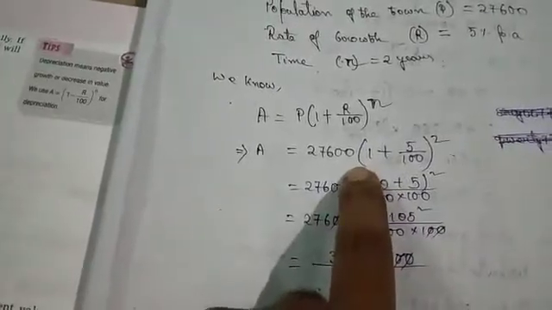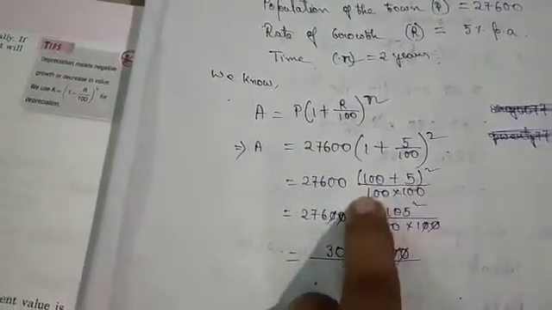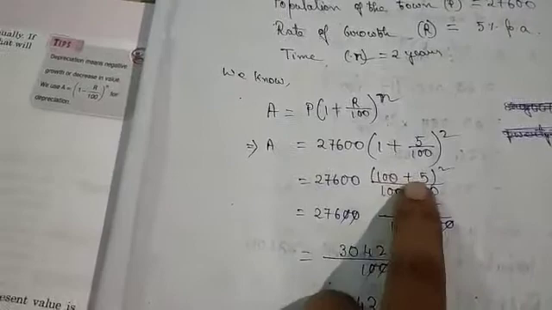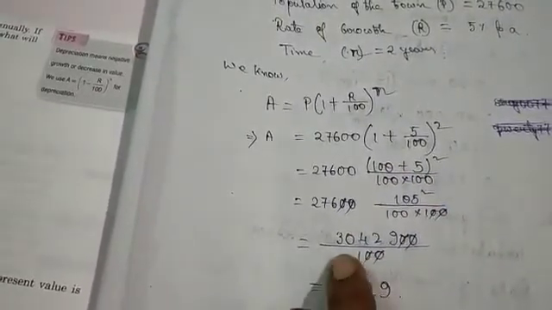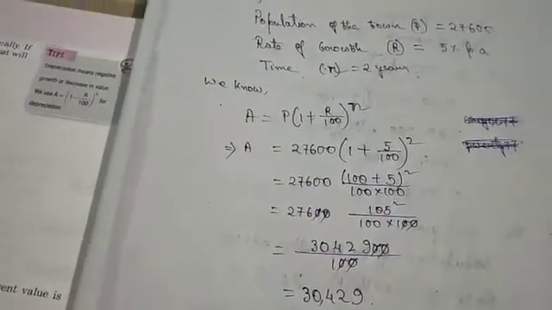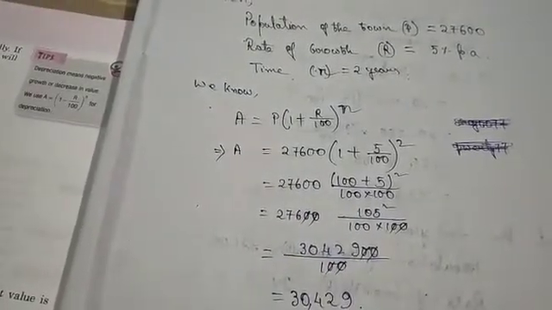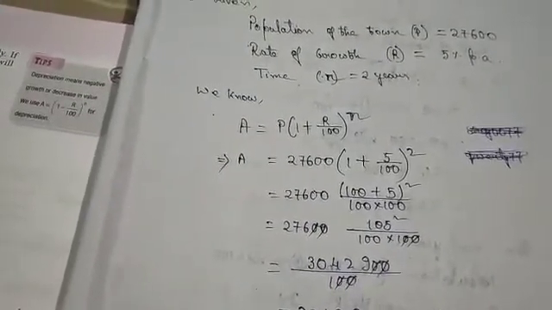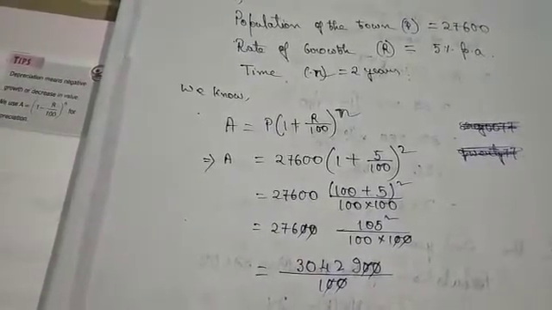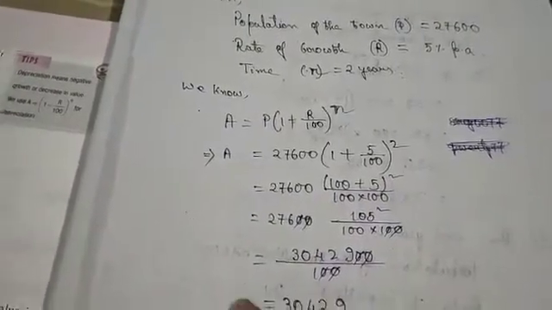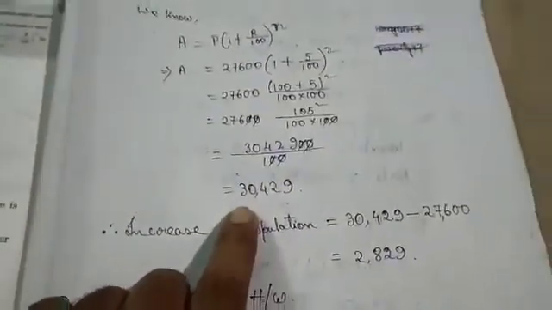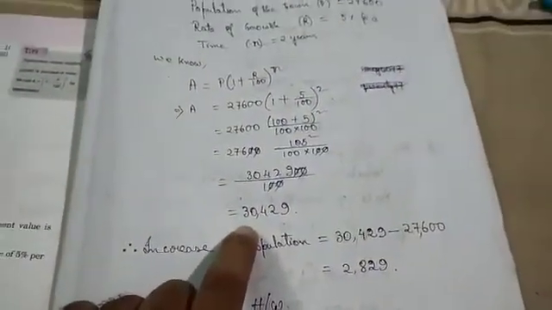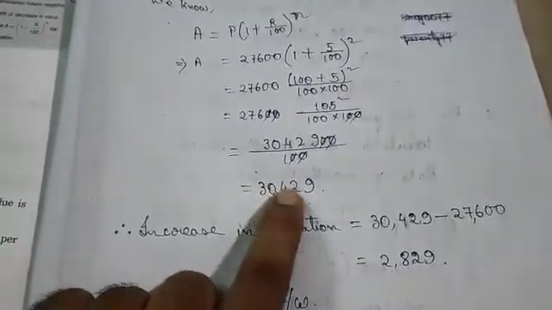Just put the values and do the usual calculations. I have taken the LCM here, since it is squared, so I have written 2 times. So 100 plus 5 squared, so 105 squared, which is 11,025. 27,600 times 11,025 is 30,42,900 divided by 100. So after 2 years it is 30,429.